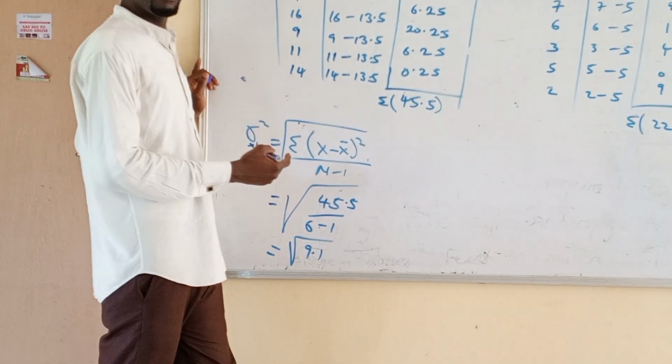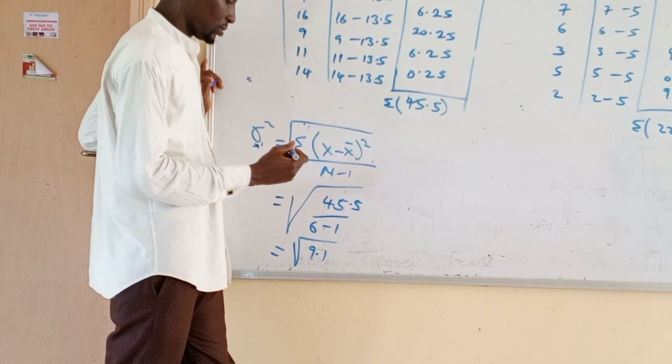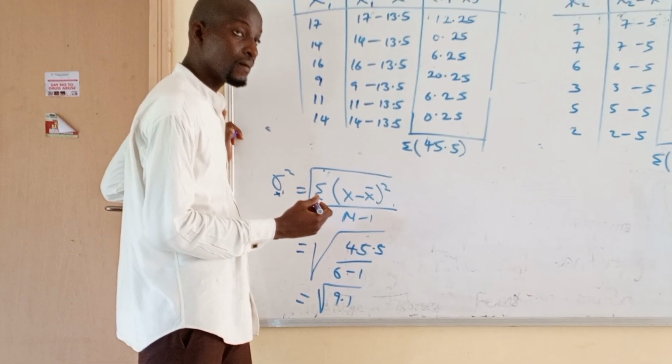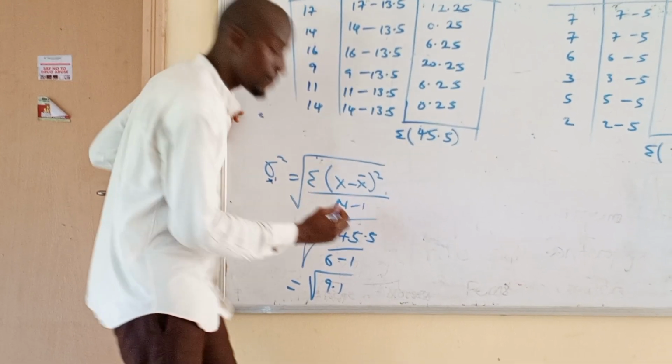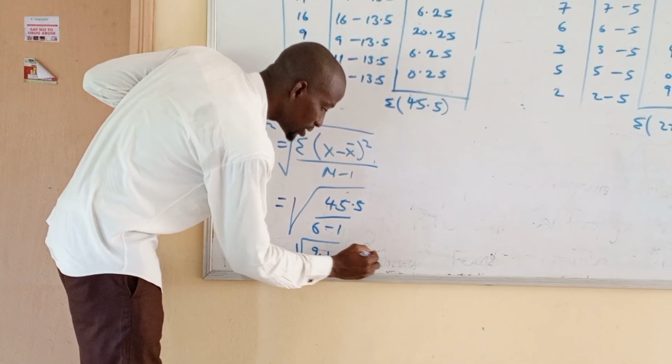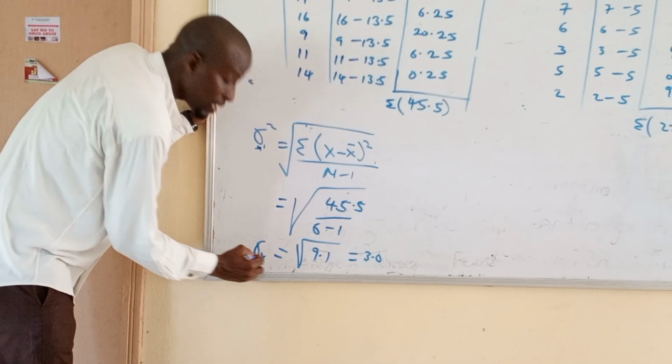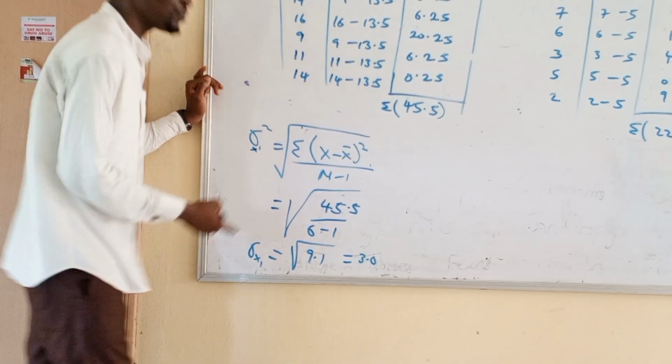Then the square root of 9.1 will give us 3.0. So our standard deviation for experimental group 1 is 3.0.